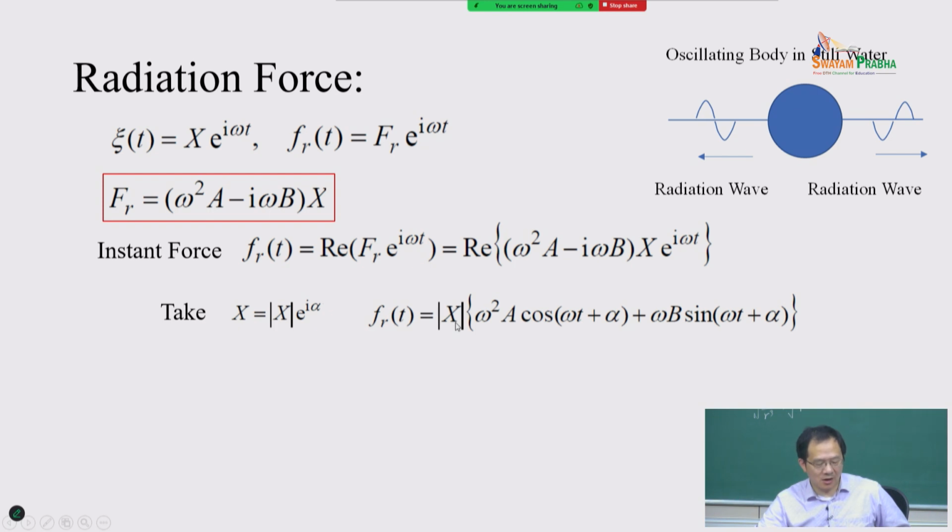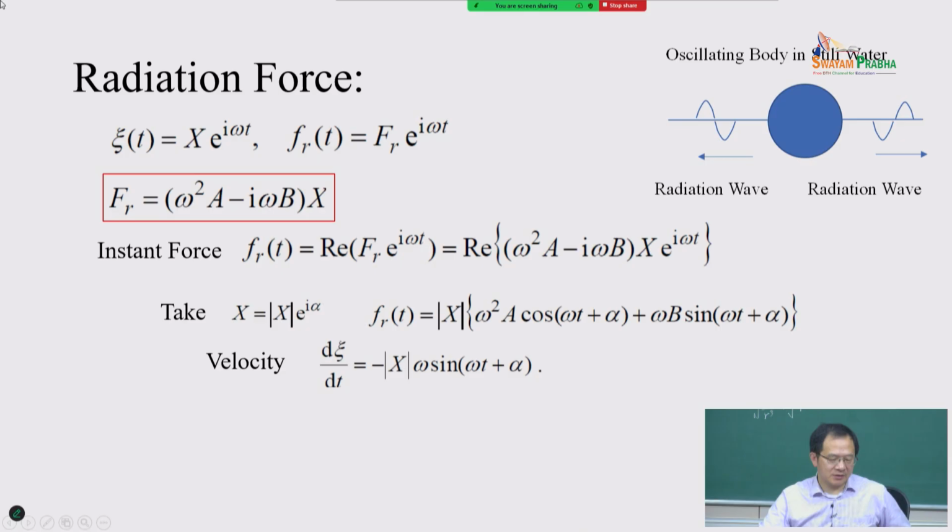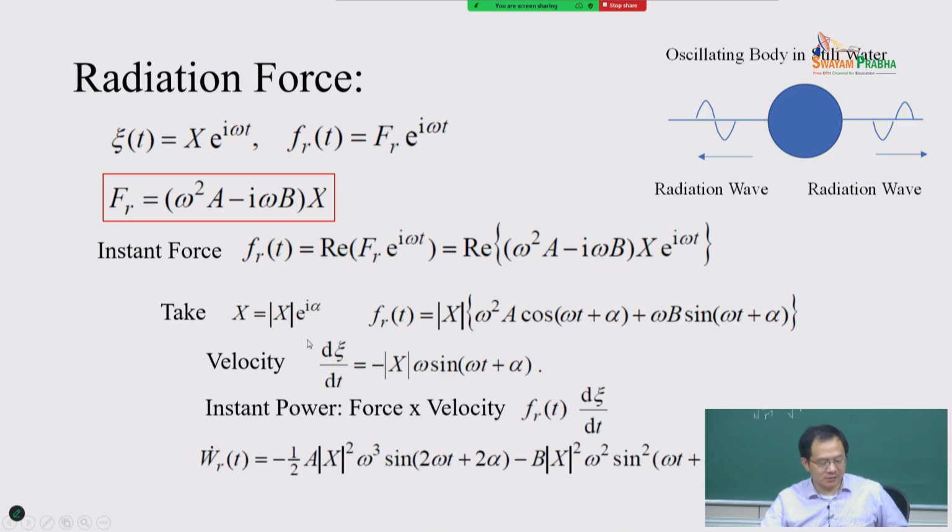Now that we have talked about force, let us look into velocity. The displacement is given, and velocity is just the time derivative. You have the amplitude, and you take the real part; the cosine derivative becomes sine, and you have a phase here. Now you know the force, you know the velocity.